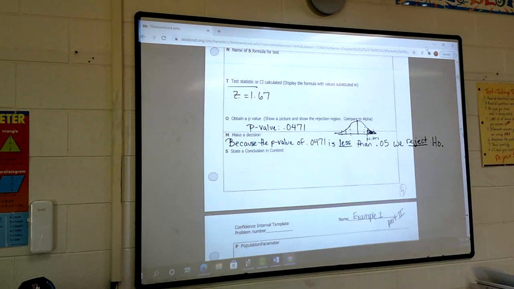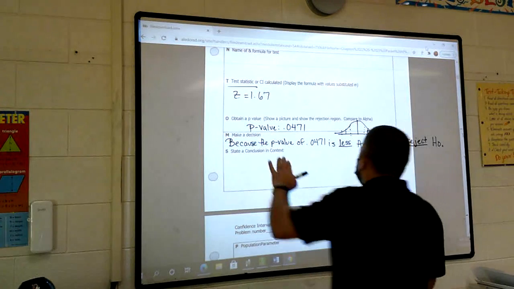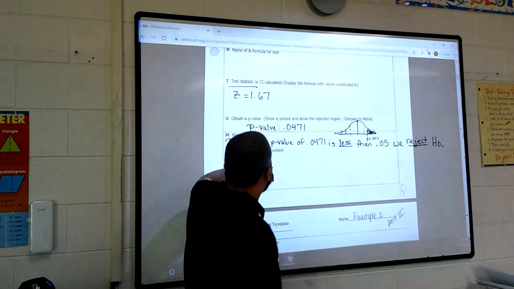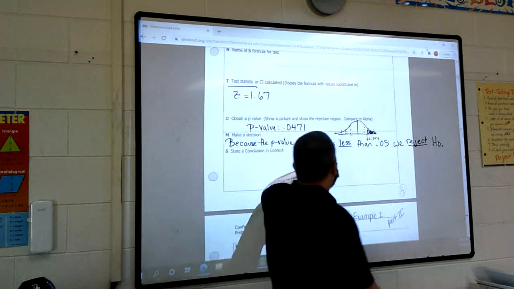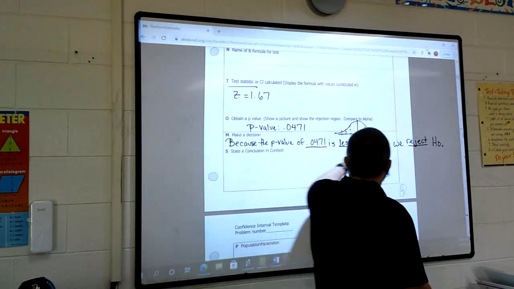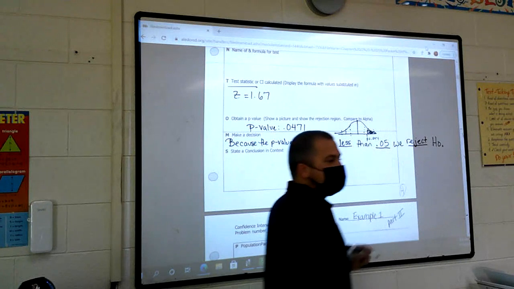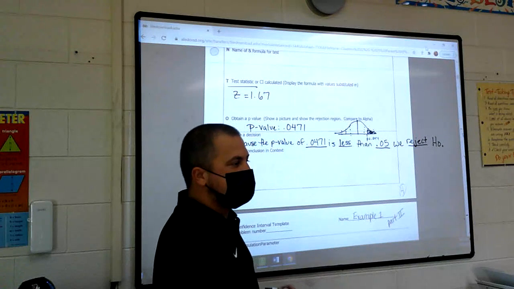If there's a greater than 5% chance, depending on whatever the significance level is, of it being true, then we will fail to reject it because it still has a pretty good chance of being true. Now, that's our decision. Our decision comes directly from the p-value, and you compare the p-value to your significance level. That's how you make the decision every time.